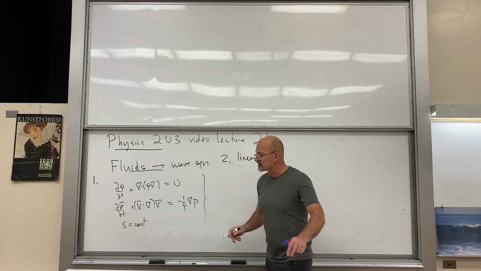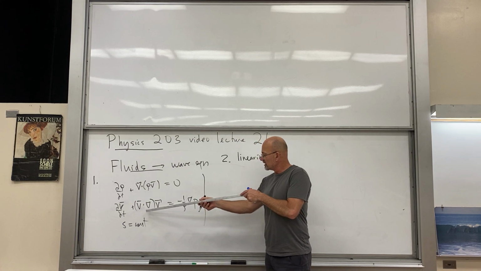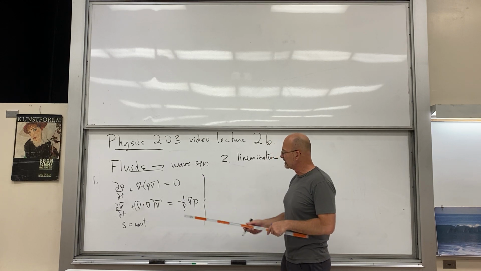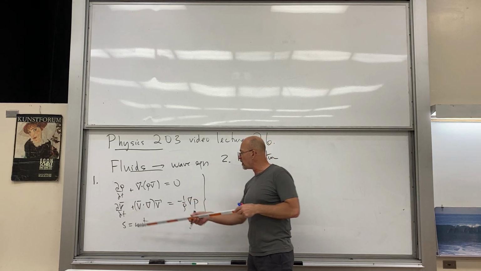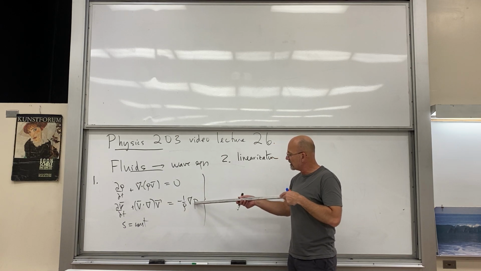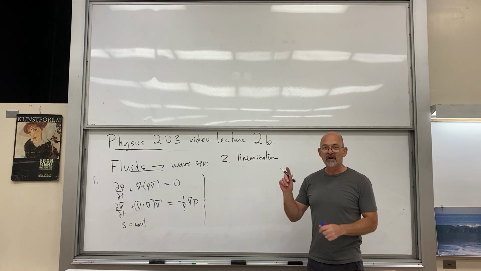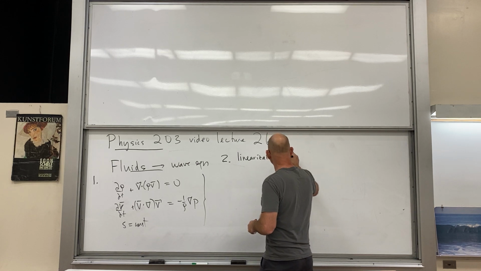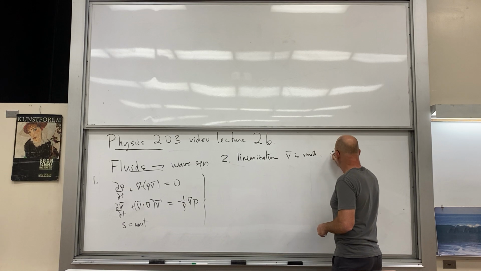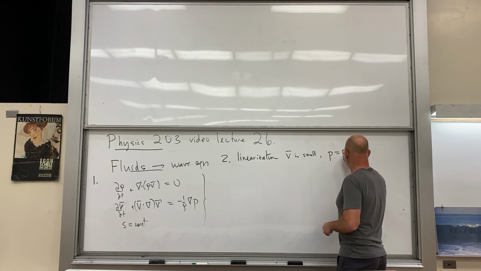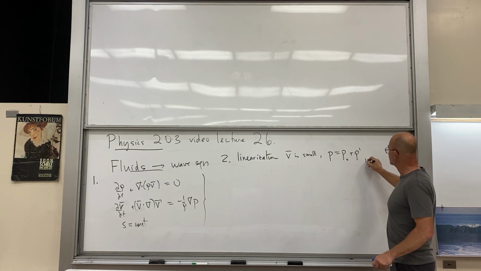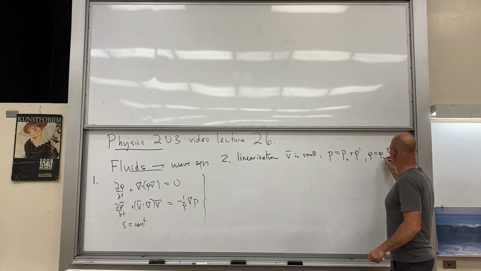So that assumes that this second order term is small and vanishes with respect to the others, that the velocities are already small, and that the density and the pressure both fluctuate around a constant value. So linearization: v is small, P is equal to P naught plus P prime, where that's the small fluctuation, rho, same thing.